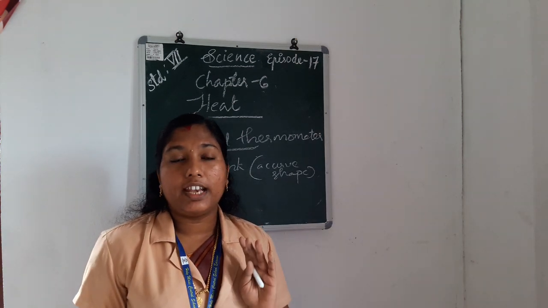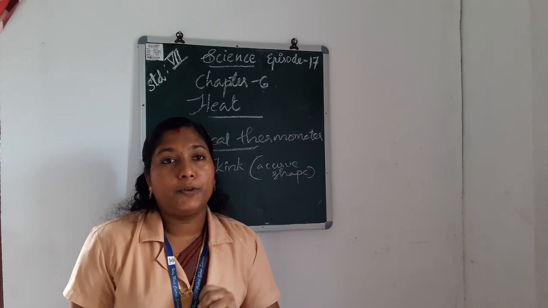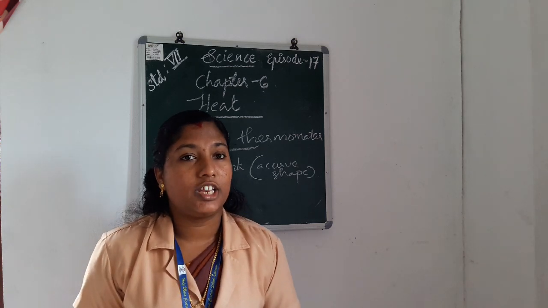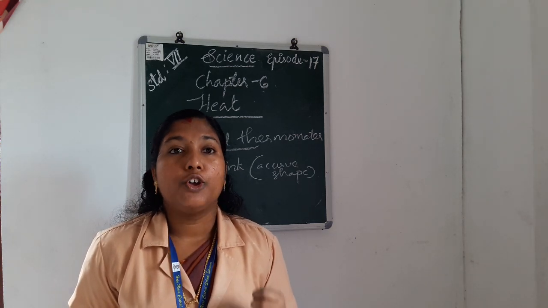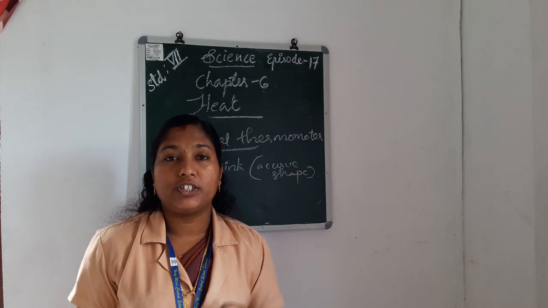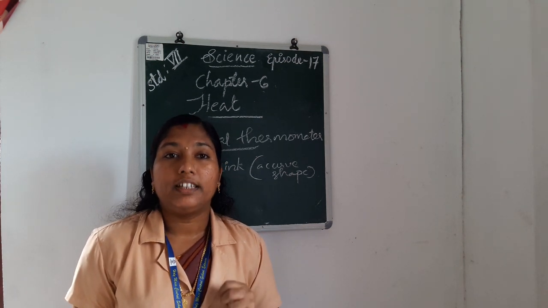Then what did we learn? We learned about the clinical thermometer. For what purpose do we use a clinical thermometer? A clinical thermometer is used for measuring the human body temperature.